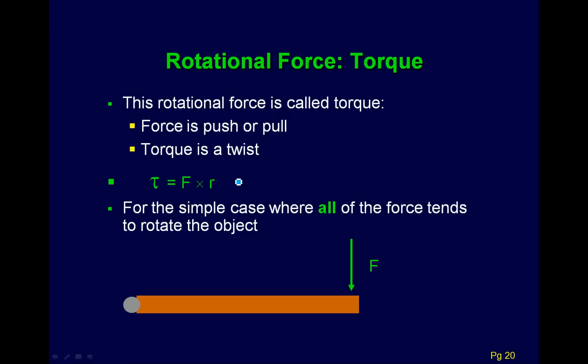And one case you want to really be careful of, because it's the simplest case and it happens very often, is the simple case where all of the force tends to rotate the object.